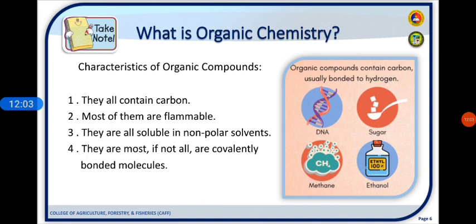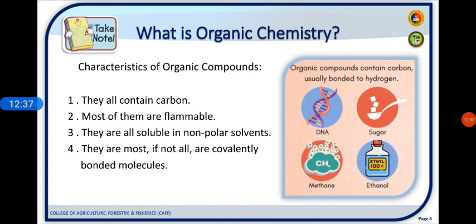What do you mean by covalently bonded? A covalent bond is a type of bond where atoms share electrons, and because of the sharing of electrons, they form bonds. They can form single bonds, double bonds, or triple bonds. So remember, they are most, if not all, covalently bonded.